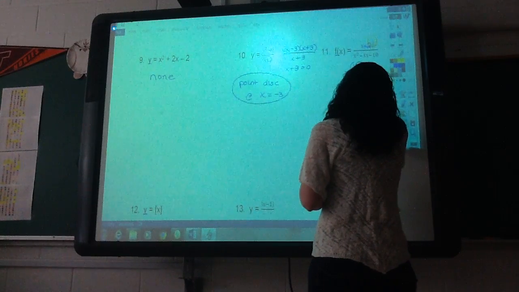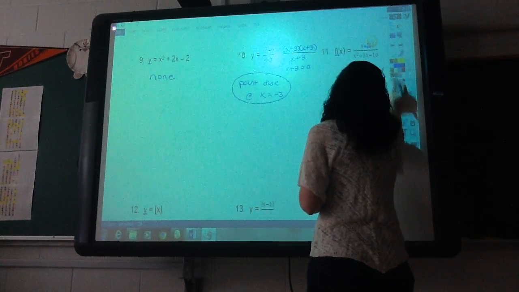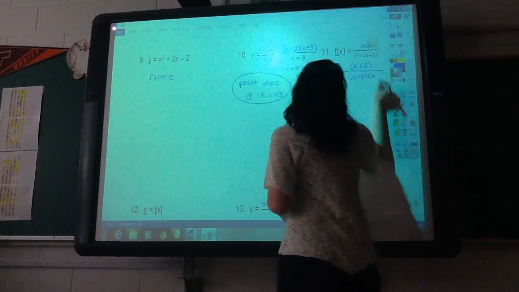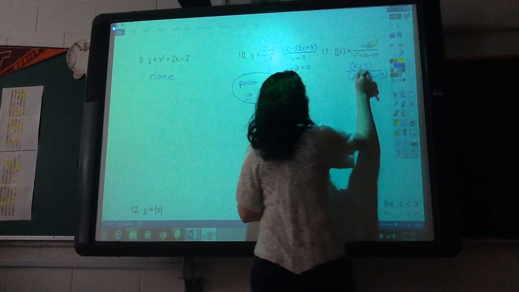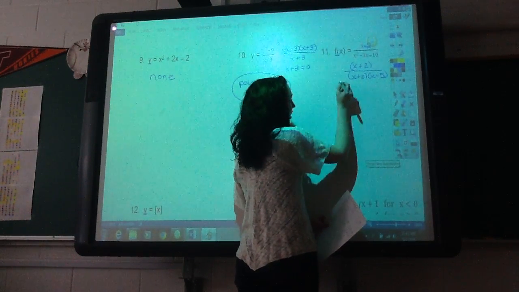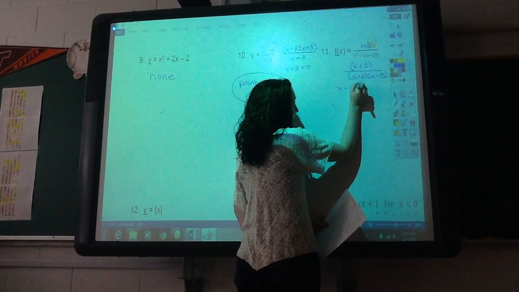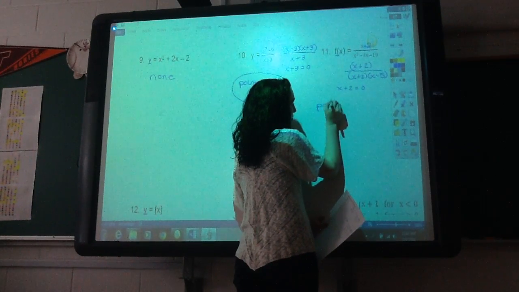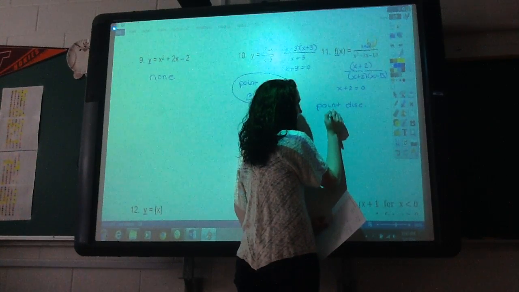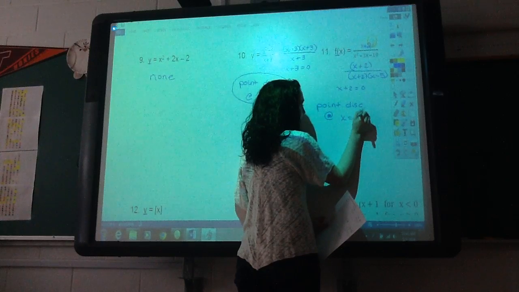So you should get an x plus 2 and an x minus 5. So those are going to cancel. With that being said, that means I would take the one term that cancels, set it equal to 0, and that's going to leave me with a point discontinuity at x equals negative 2.